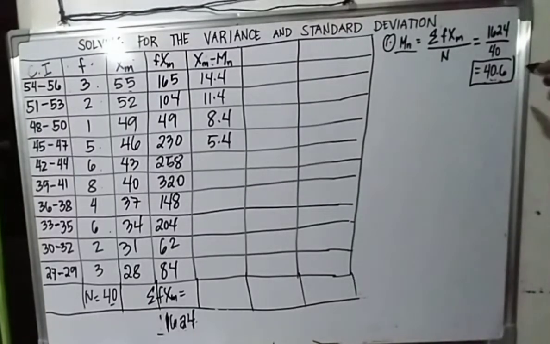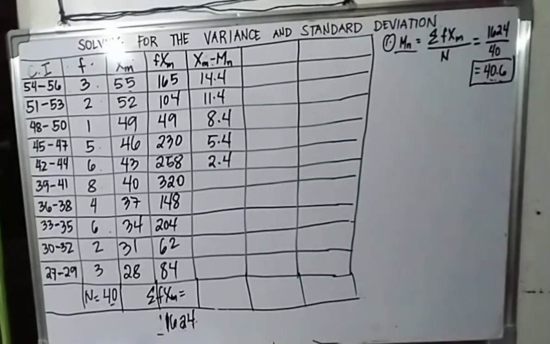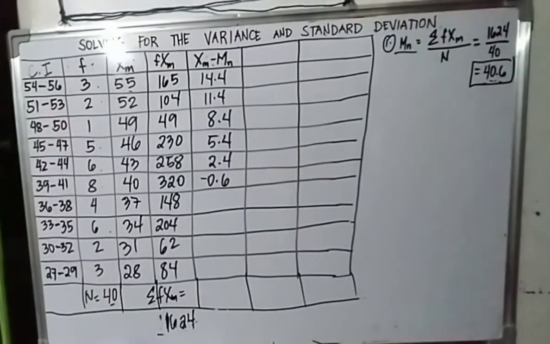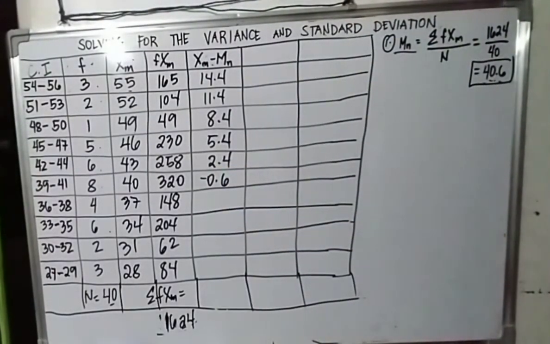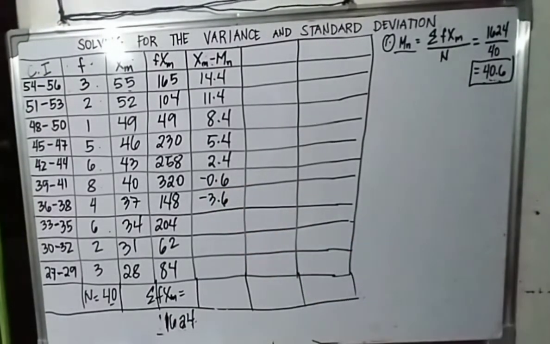And 43 minus 40.6, the result is 2.4. Then 40 minus 40.6, the result is negative 0.6. Next, 37 minus 40.6, the result is negative 3.6.